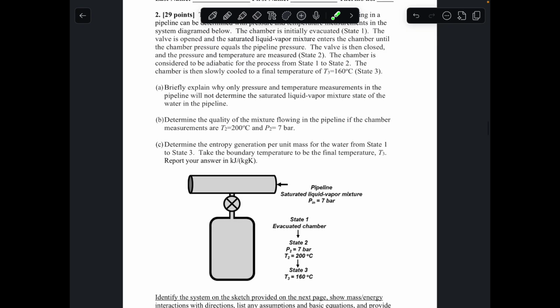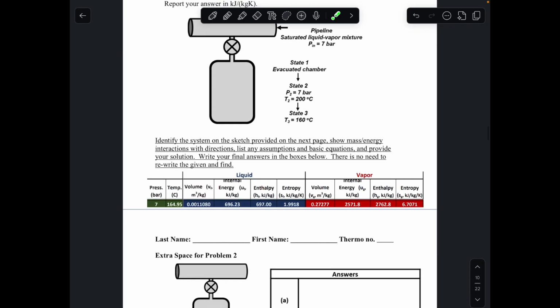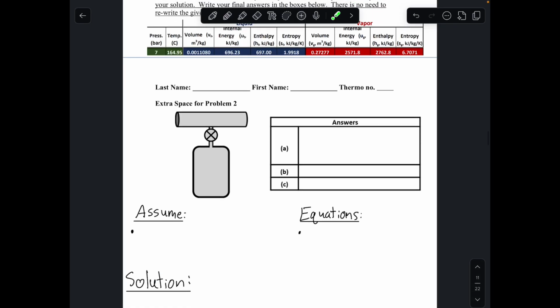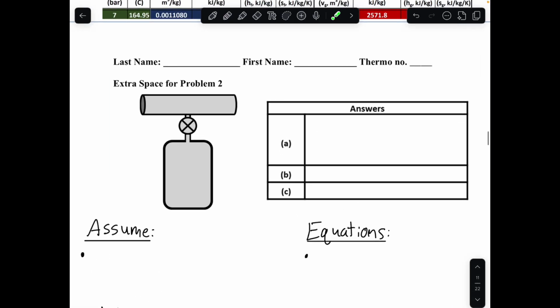So let's start by sketching out the system and the mass and energy interactions here on the next page. They give us this diagram. So for our system here, we're going to want to do a control volume type of analysis focusing on the tank. So I'm going to draw my system boundary around the tank here, and that's going to be our system.